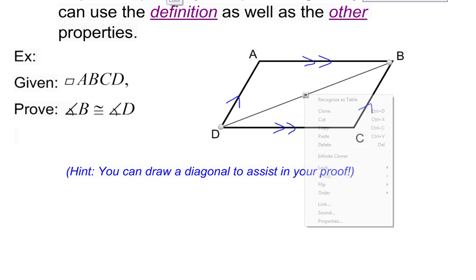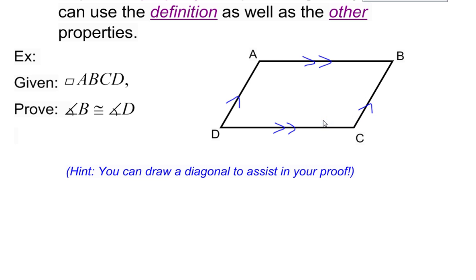Let's remove this, and let's draw a diagonal from A to C. There we go, A to C. Think about what we're trying to do. We're trying to prove that this angle here, angle D, is congruent to this angle here, angle B. So what I'd like to do is prove that these two triangles, namely triangle ADC, triangle 1, is congruent to triangle CBA, triangle 2. So I'm going to draw a diagonal, AC.